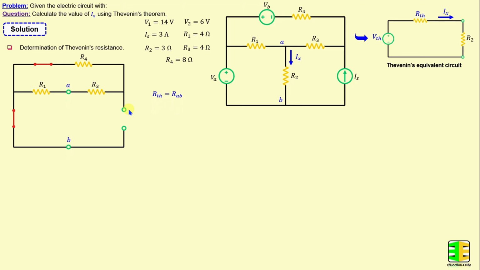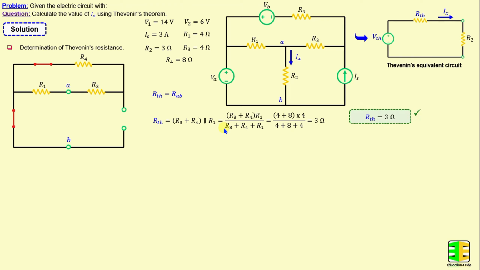That means RTH is equal to the series combination of R3 and R4 connected in parallel with R1. Therefore, RTH can be calculated using the following formula: (R3 plus R4) times R1 over (R3 plus R4 plus R1). If we replace the resistors with their numerical values, we obtain RTH equal to 3 ohms.